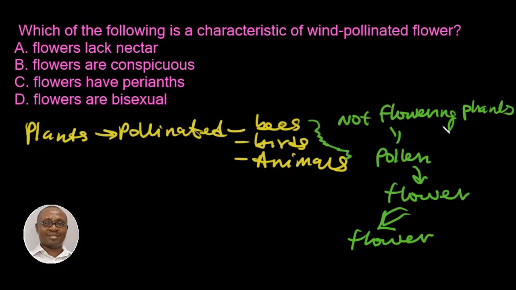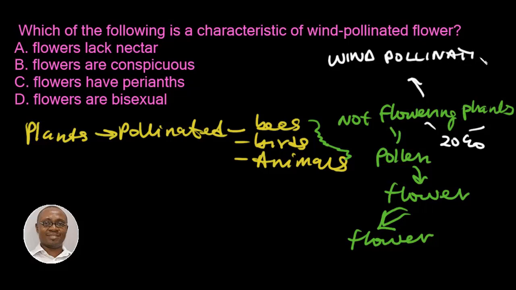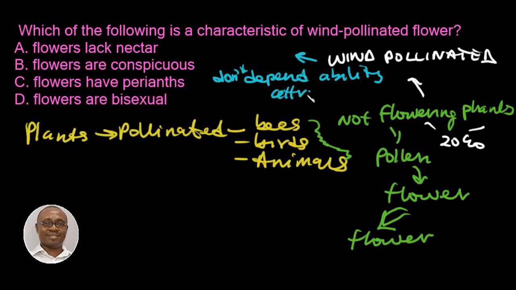Also noted is that approximately 20% of flowering plants are wind pollinated, and wind pollinated plants don't depend on the ability to attract birds, bees, or even other animals.